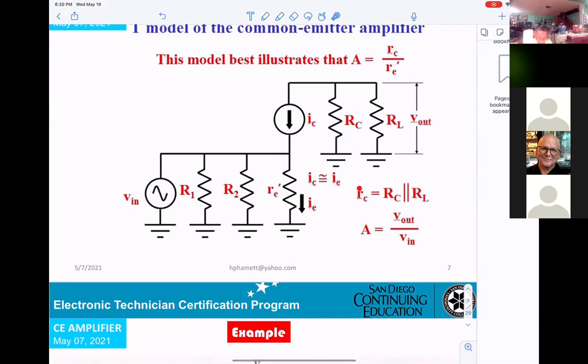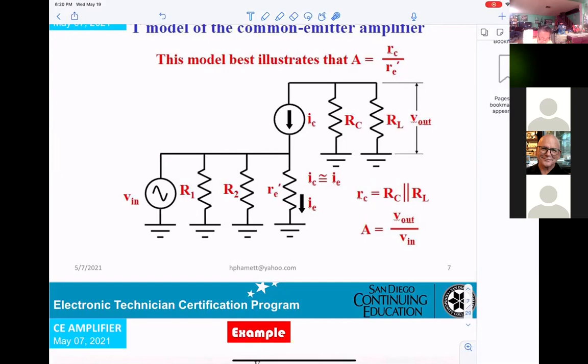Some data books use R small c, some other ones go R big R, C small. But normally I use Z out. Z out means output impedance. That is only talking about the AC.